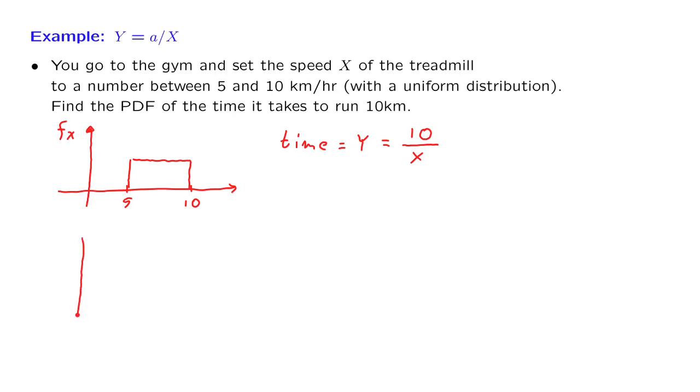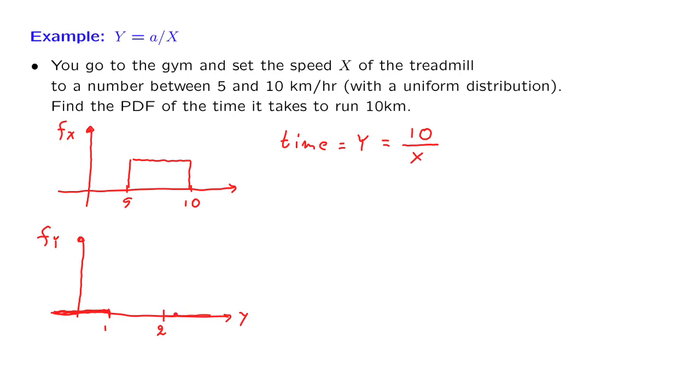First, let us look at the range of the random variable y. Since x takes values between 5 and 10, y takes values between 1 and 2. Therefore, the PDF of y is going to be 0 outside that range.